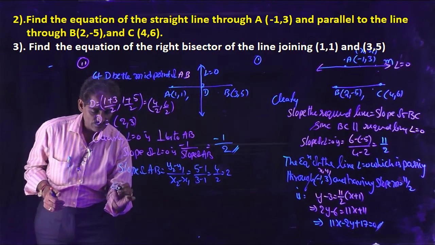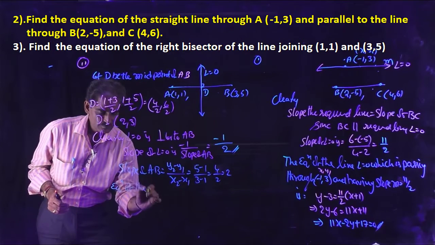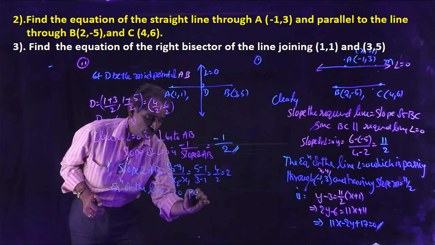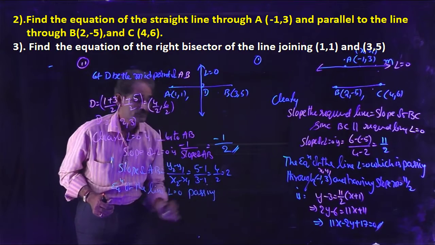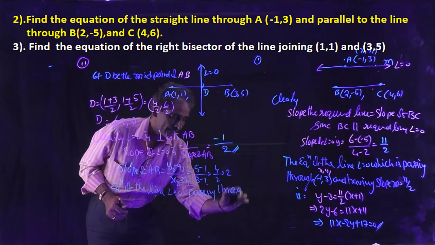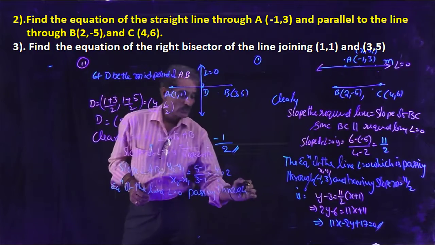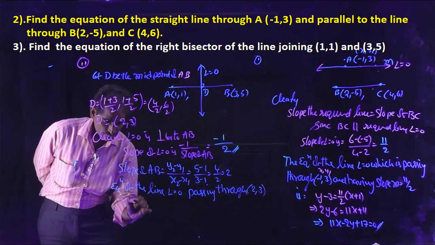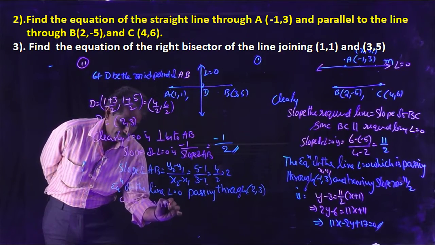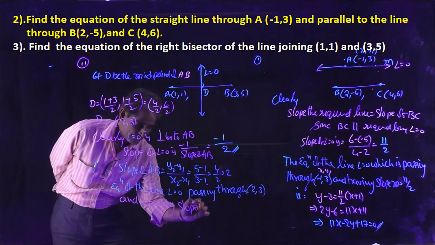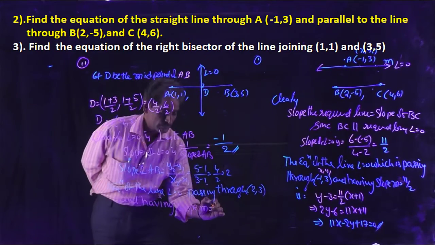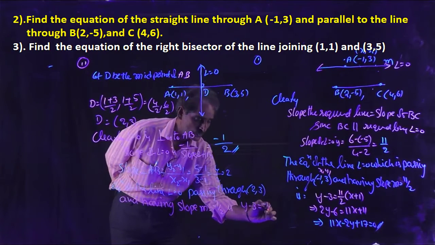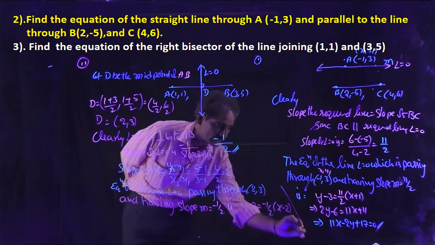The equation of L equal to 0 passing through 2, 3 and having slope m equal to minus 1 by 2 is y minus y1 equal to m into x minus x1.